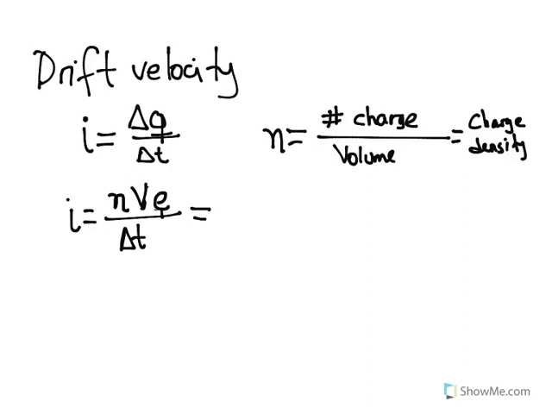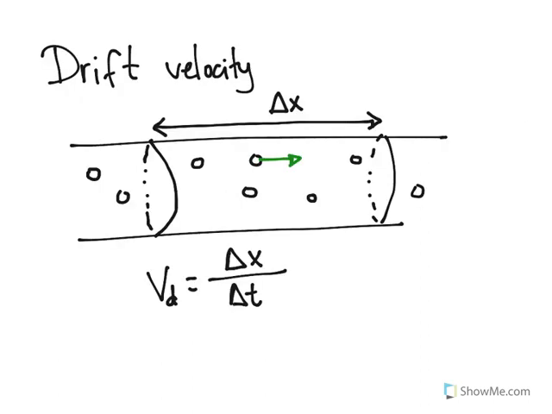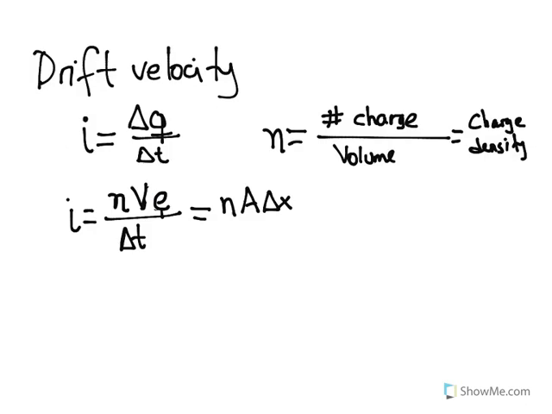And since the volume is also the transverse area times delta x, remember we're coming from this kind of situation where we have a transverse area and delta x, all of this is going to be the volume, times the fundamental charge over delta t.